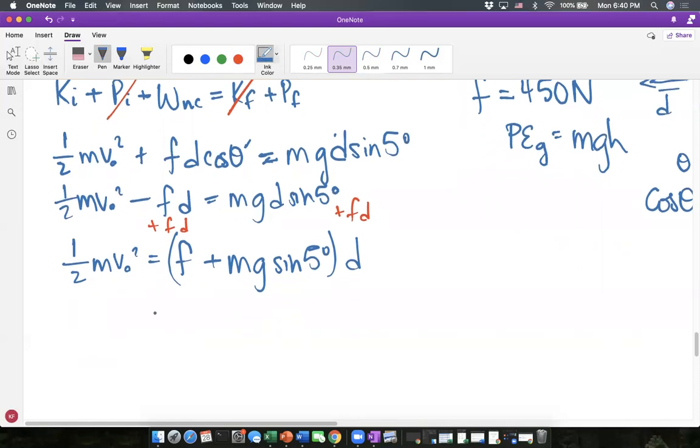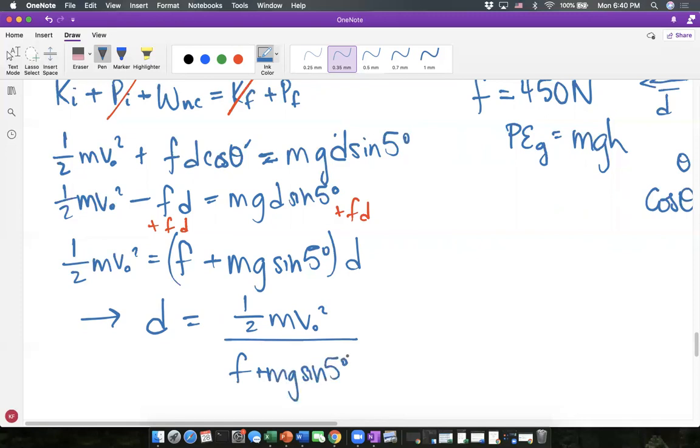Then I can rearrange this one more time by dividing by this factor, since we know all of these values. And it will be 1/2 mv naught squared divided by F plus mg sine 5 degrees.